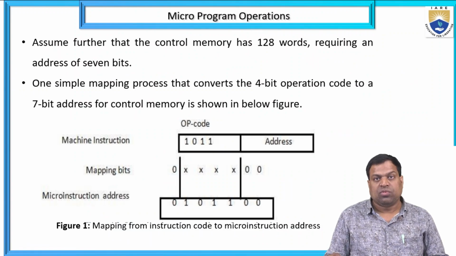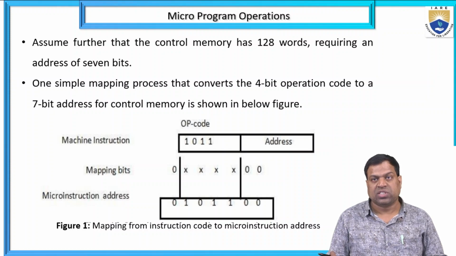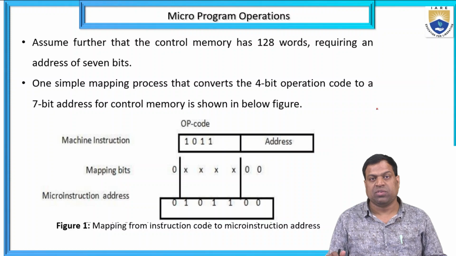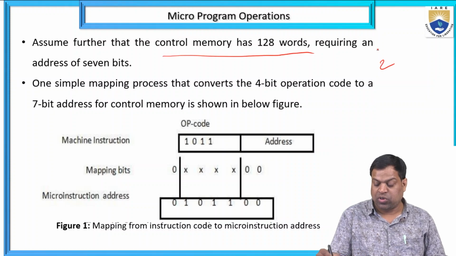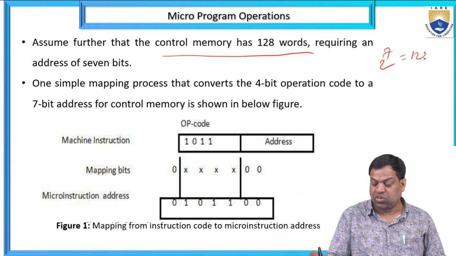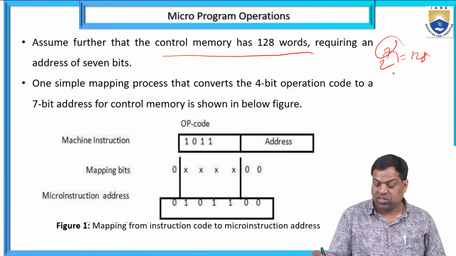Here assume further that control memory has 128 words, requiring an address of 7 bits. One simple mapping process that converts the 4-bit code to a 7-bit control memory address is shown. So here I am taking control memory of 128 words, that is 2 to the power 7 equal to 128, the 7-bit address.